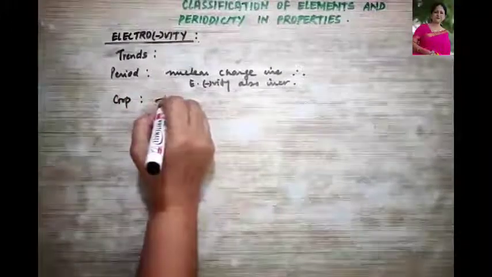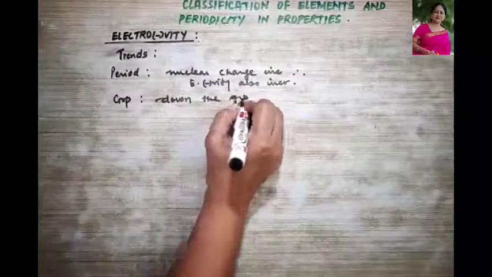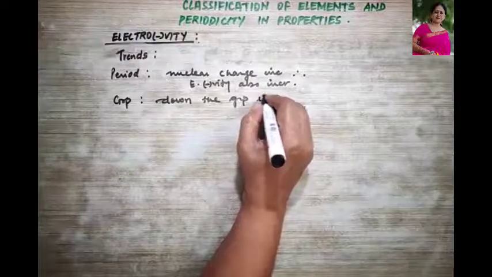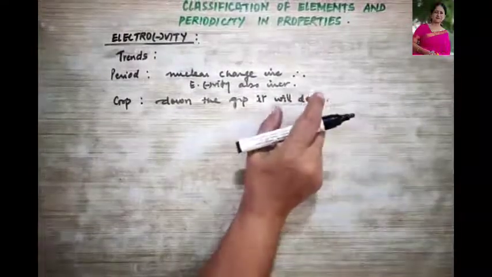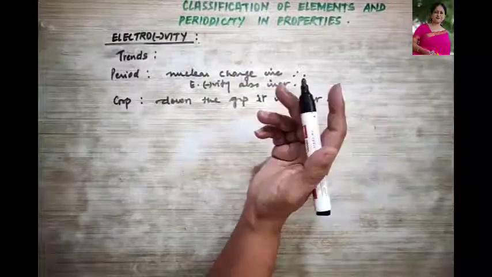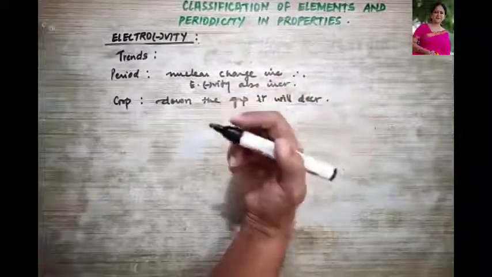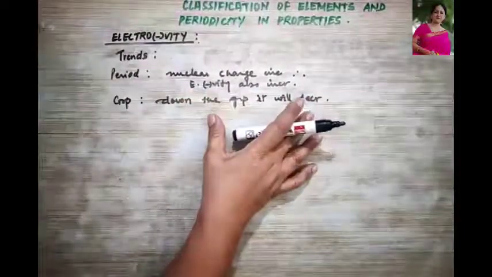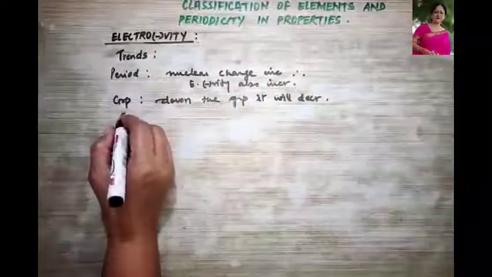As we go down the group, the electronegativity will decrease. We all know that. Why? Because the tendency to lose electron increases, or ionization potential decreases, and electron affinity decreases, and therefore your electronegativity also decreases. Now let us talk about some exceptions.